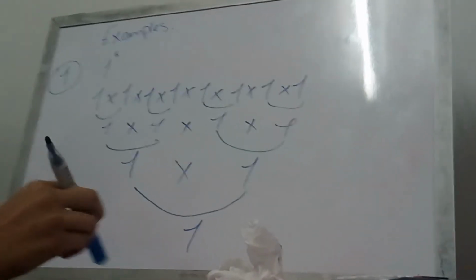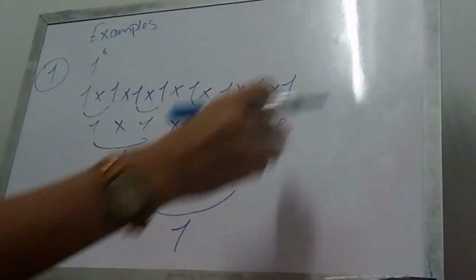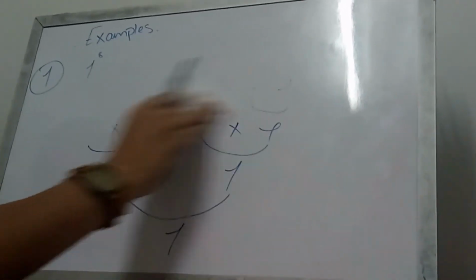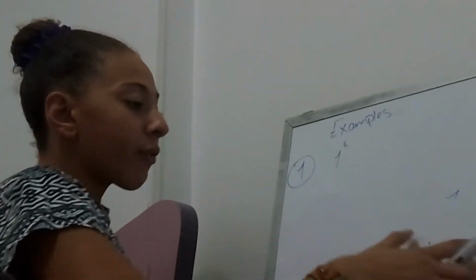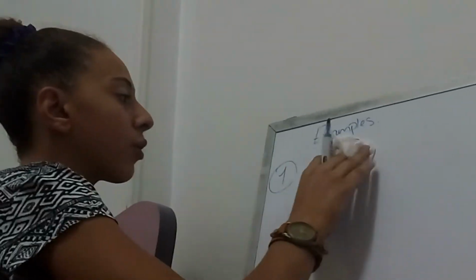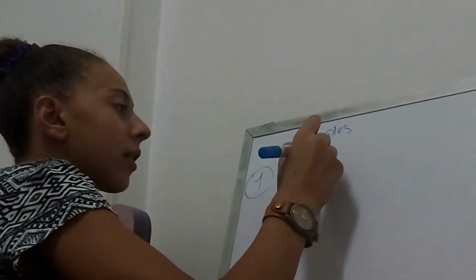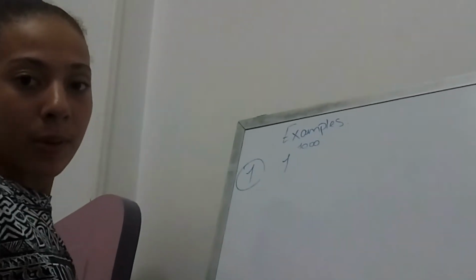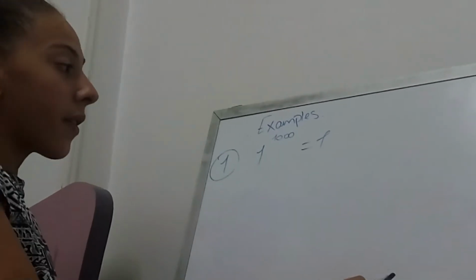So 1 with any power will be 1, because 1 times 1 is what? 1. Even if you multiply 1 times 1 thousands of times, the answer will be 1. So if you get 1 power 1000, what will the answer be? It will equal 1. Okay?